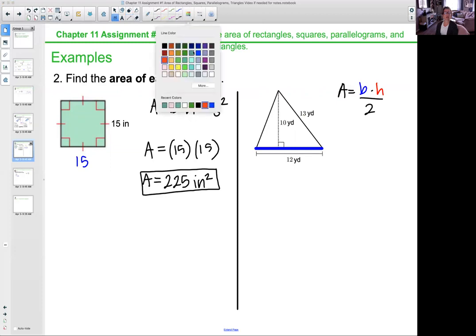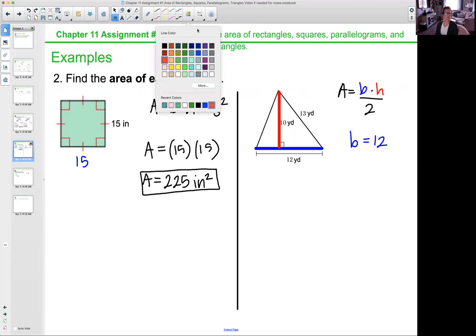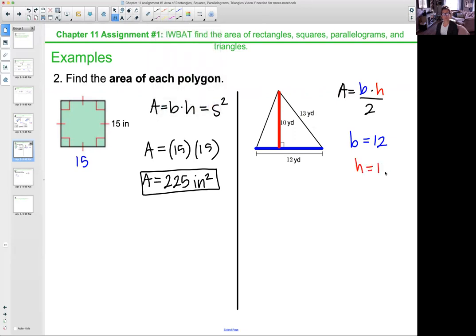So the base that I'm using is 12, and the height that goes with that is this 10 right here. Then we can just plug those into our formula.